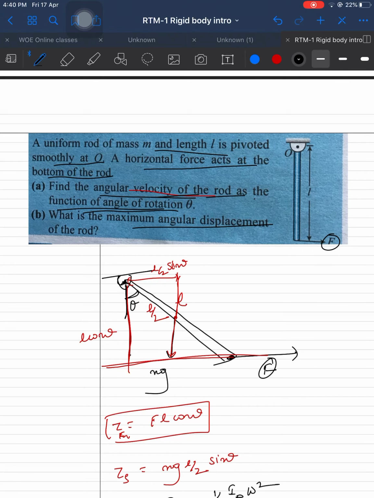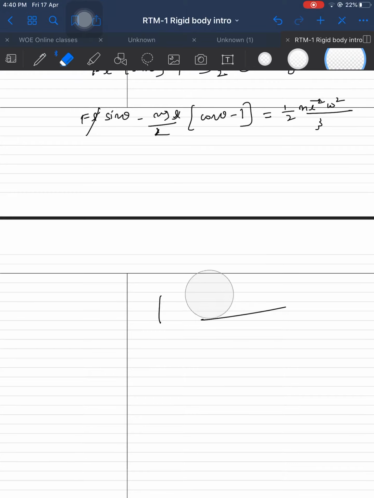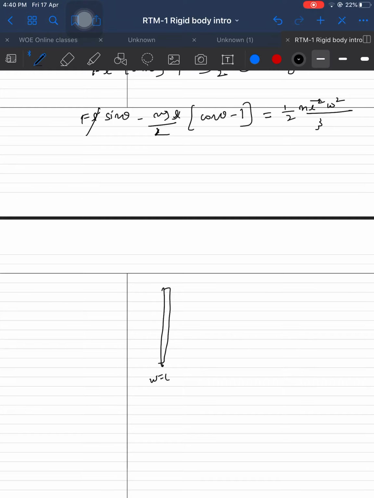If you remember the spring method, what is the maximum compression in the spring? Maximum compression means initially velocity is 0, finally also 0. Similarly, for maximum angular displacement, initially it has no angular velocity, omega is equal to 0.